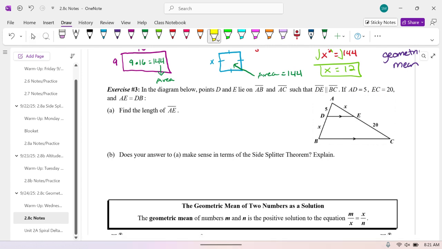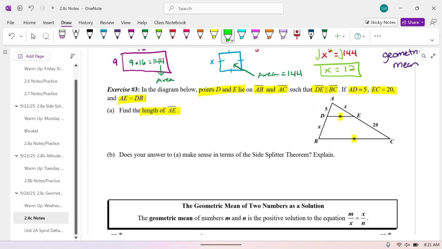In the diagram below, points D and E lie on AB and AC, and DE is parallel to BC, which is distinguished by those arrows. If AD is equal to 5 and EC is equal to 20, and AE is equal to DB, they want us to find the length of AE.